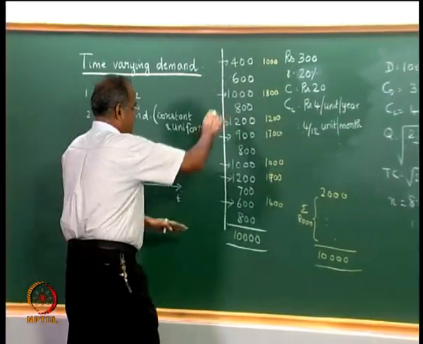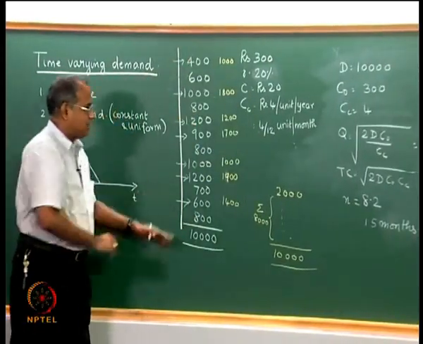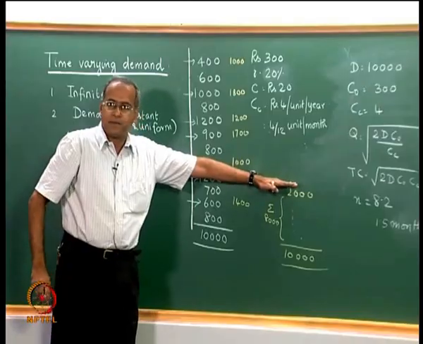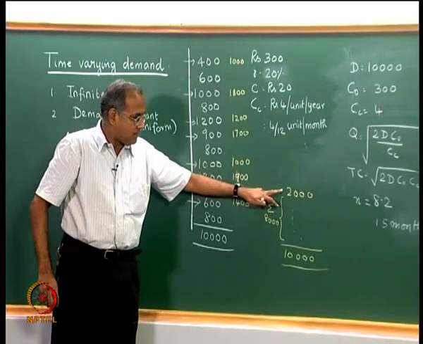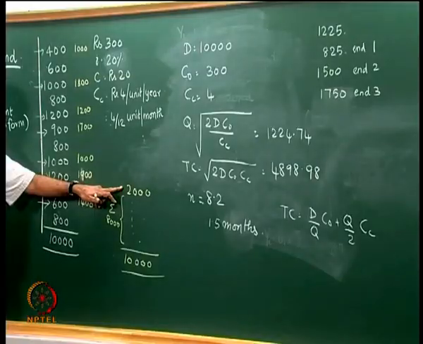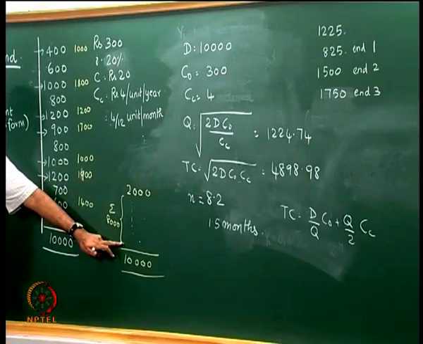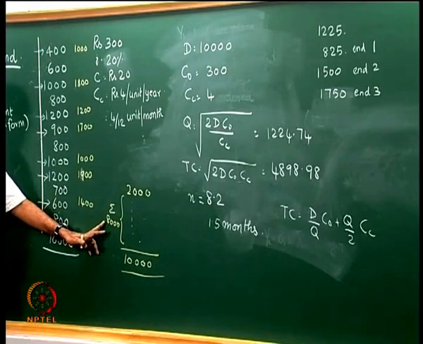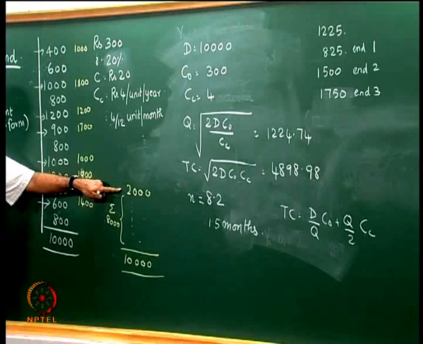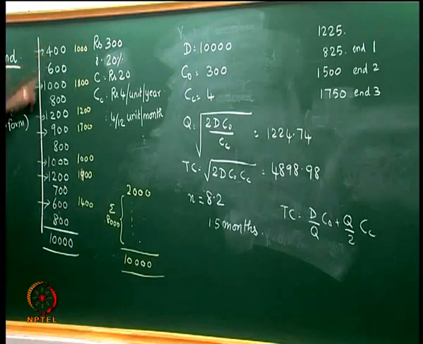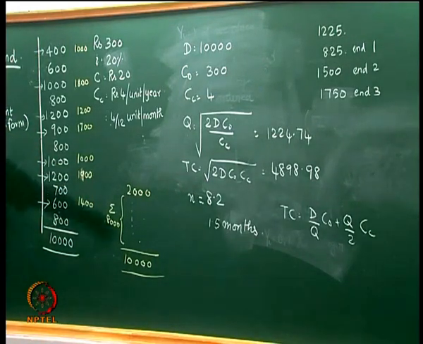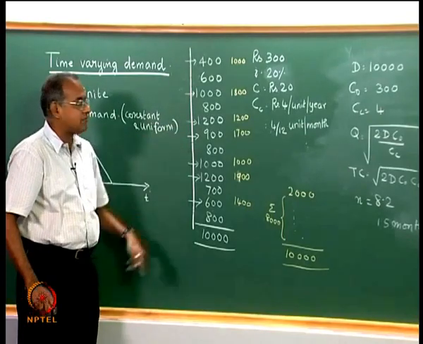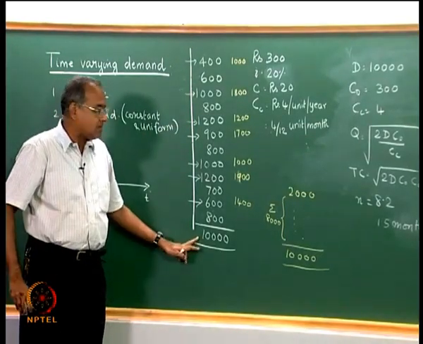In an example like this, you have a real peak: 1 month taking a demand of 2000 while the other 11 months have a demand of 8000 clearly shows there is a peak here. Whereas if we look at these numbers, you see that they are reasonably spread out around the average value of 1000 or slightly less.